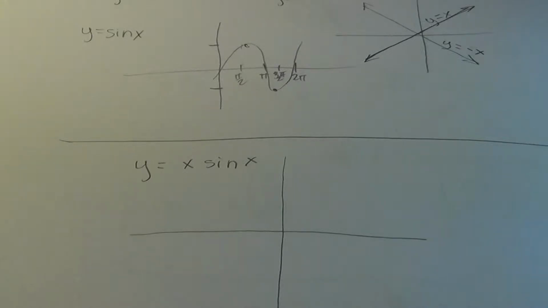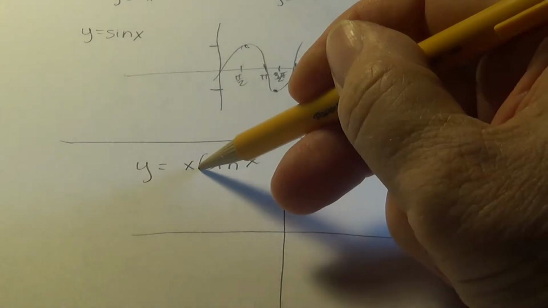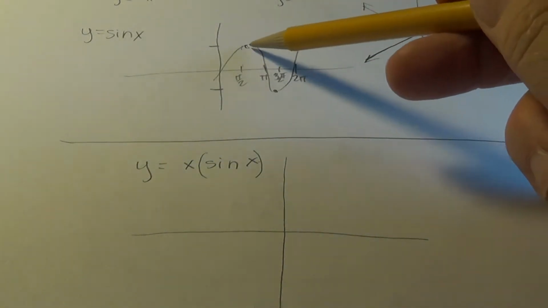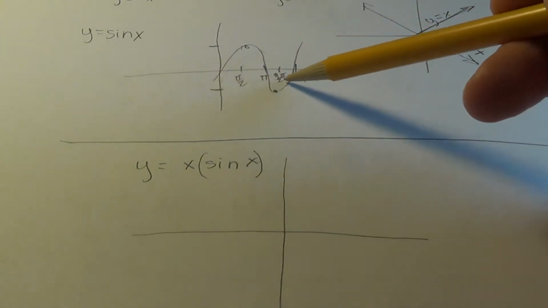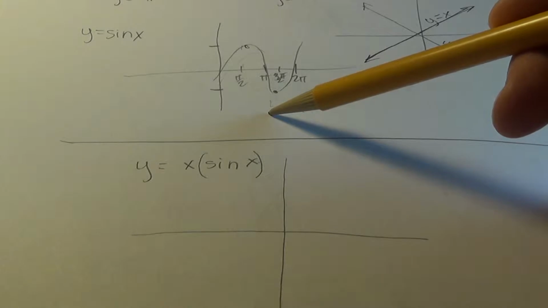Let's recall that the value of sine of x, just that alone, goes up to 1 and down to minus 1 and has values in between, but never greater than 1 or less than minus 1.